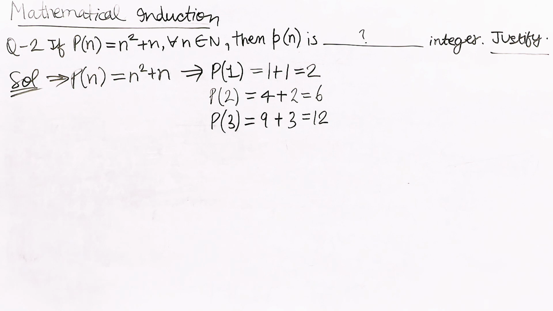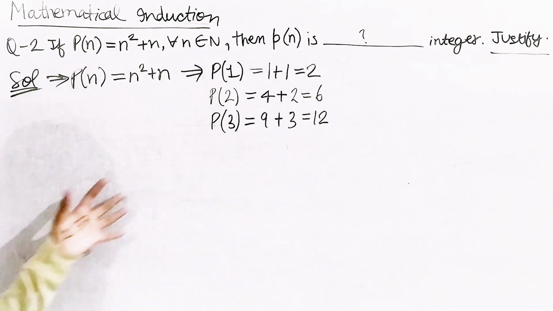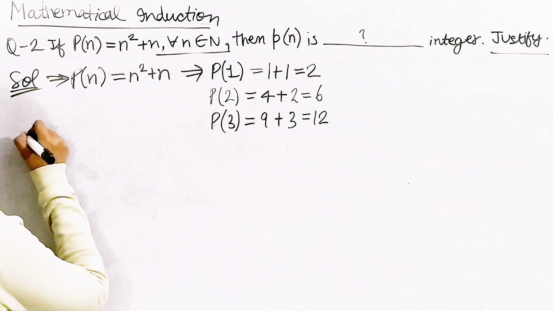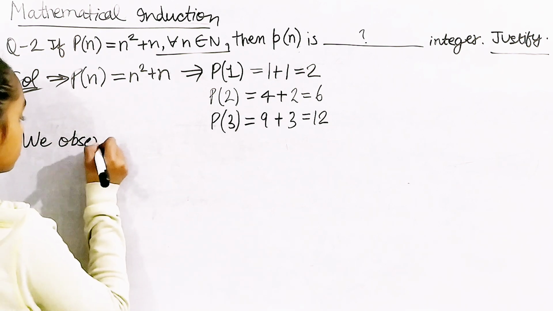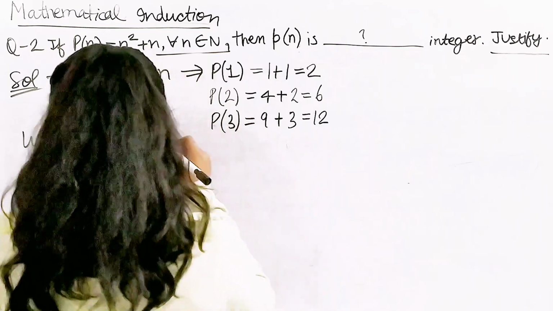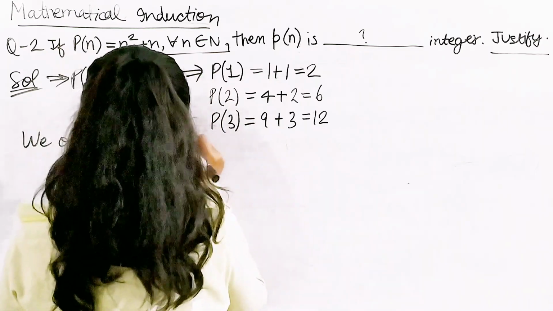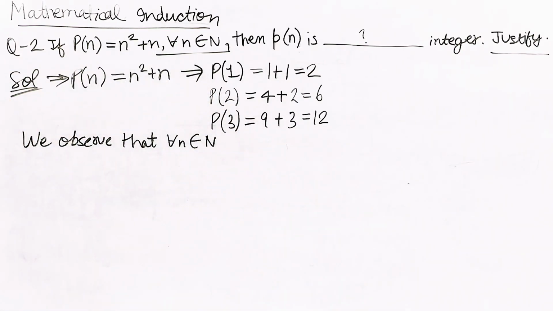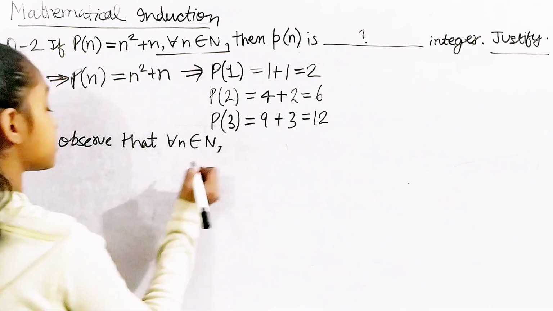If we just have a look at the first 3 numbers, through this we observe that this statement is true for n belonging to the natural numbers. So I'm going to write this as a small statement: we observe that this n belongs to the natural numbers. Just have a look, isn't it?